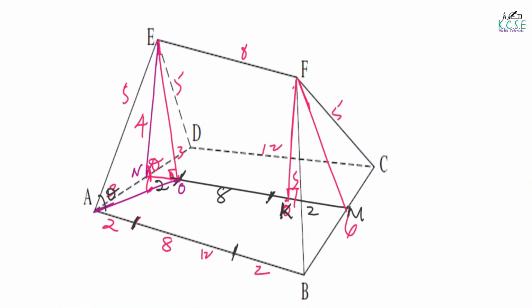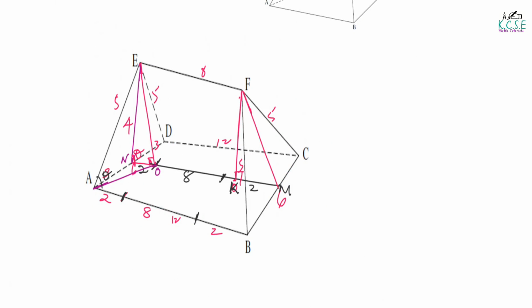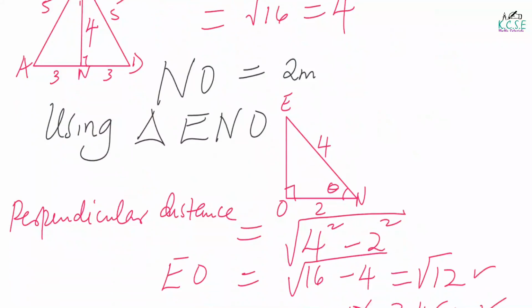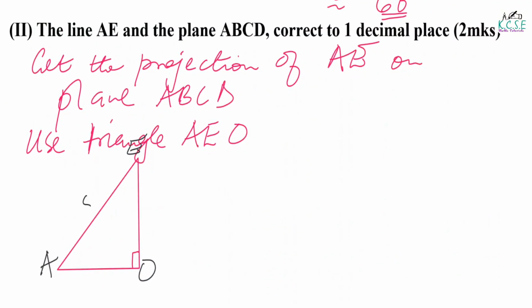So putting the measurements that we have, we have EO is the height, we got that, and AE is 5. So AE is 5, and this one we got as root of 12, or 3.46.